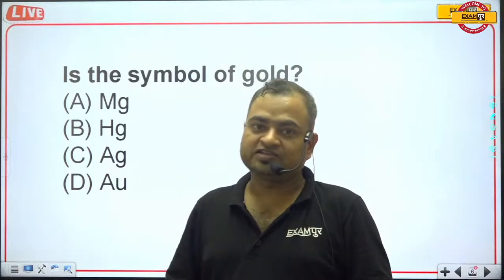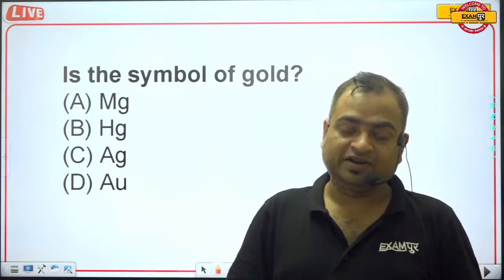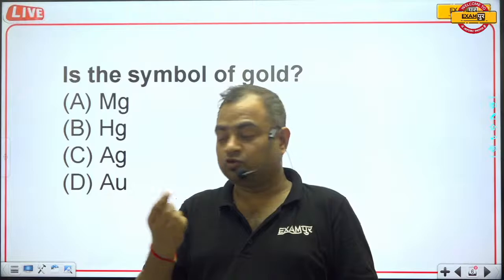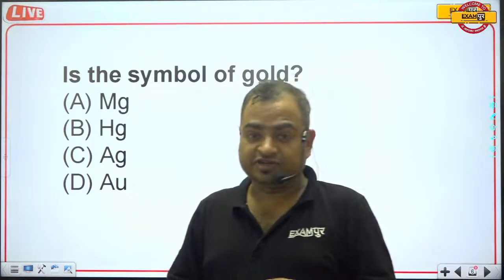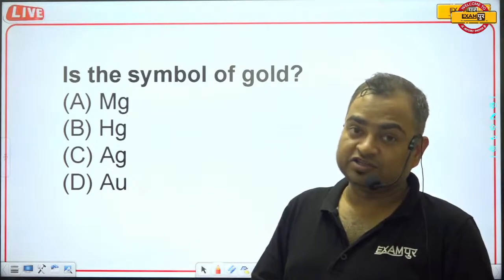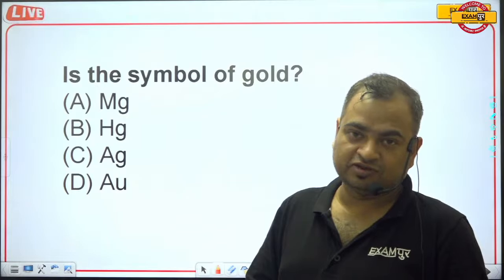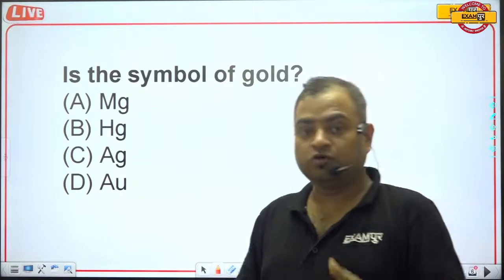As well as that, gold is a very ductile metal. A gold piece can be converted into a very thin wire, and it will not break very easily. That's why gold is used in ornaments, and this is the reason that gold is a very precious metal.